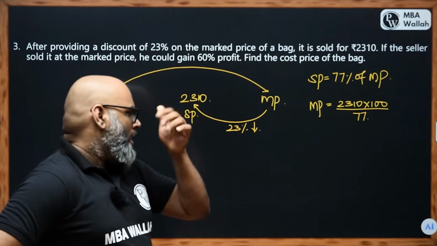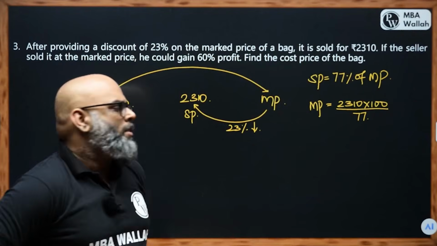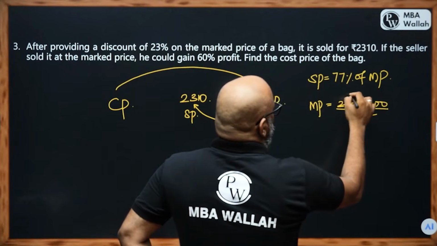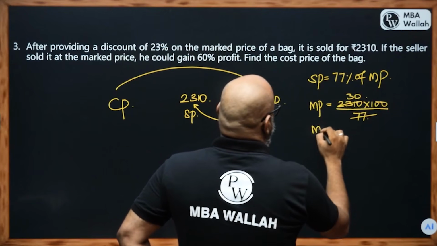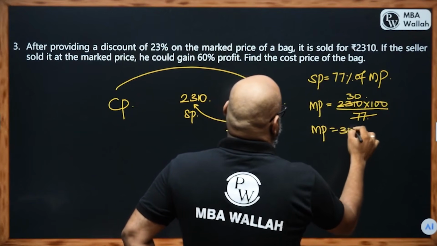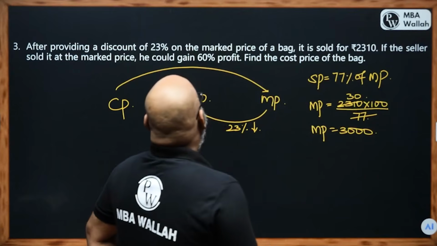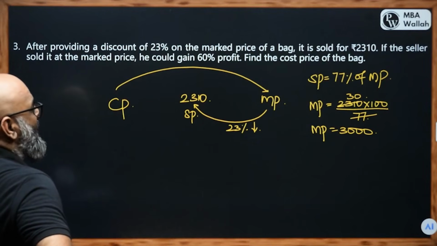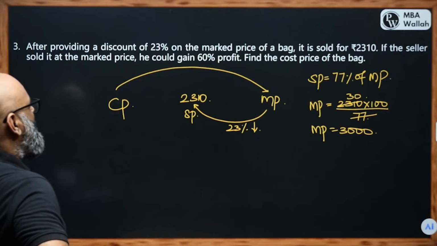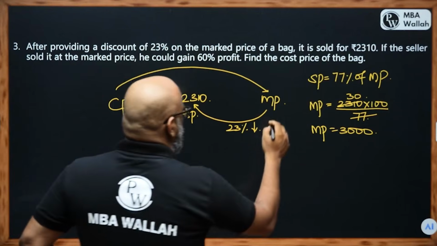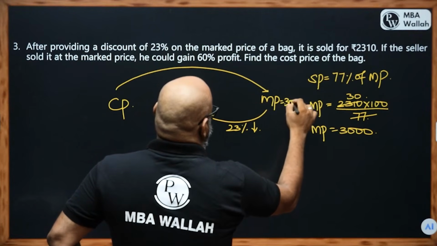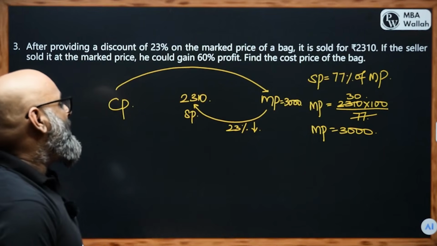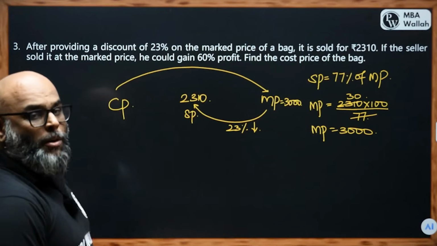So 231, 210 is divisible, 21 is divisible, 77 into 3. So this is 30. So my marked price is equal to 3,000. Right. Now the question says, if the seller sold it at the marked price, he could gain 60% profit.